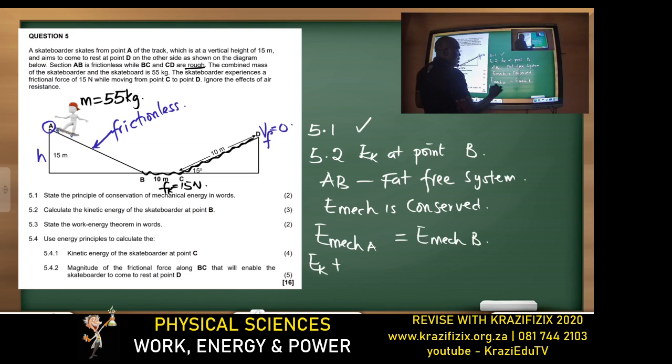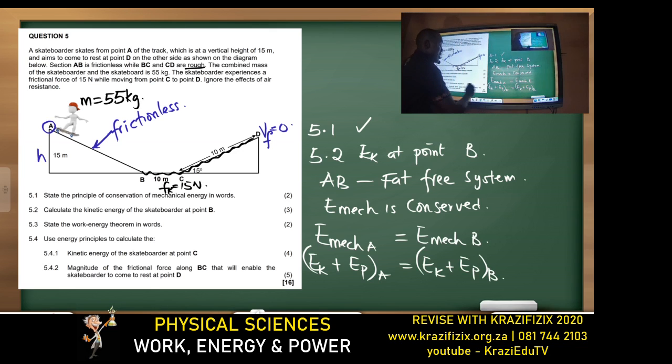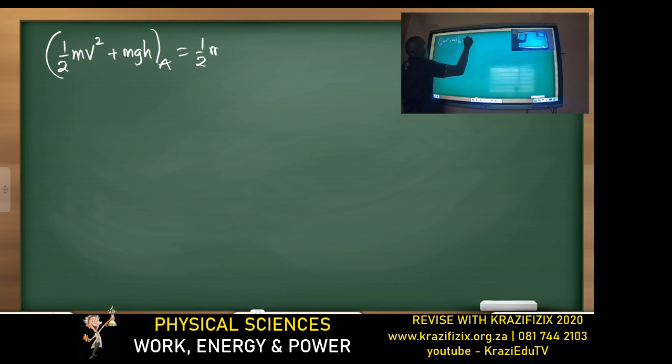It is EK plus EP. I don't want to just jump into telling you that mechanical energy is equal to potential energy, so I'm going to expand that formula. Half mv squared plus mgh at point A is equal to half mv squared plus mgh at point B.